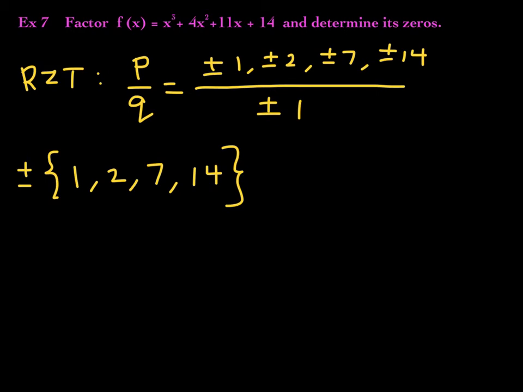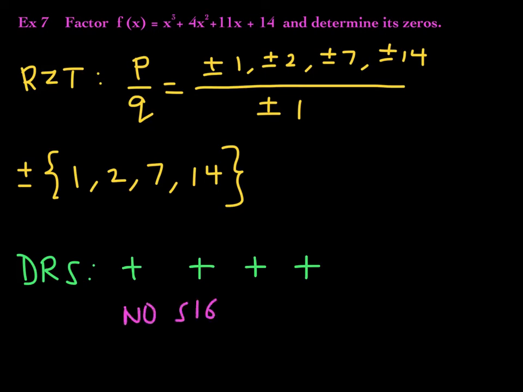Now I want you to recognize what Descartes' rule of signs says. Notice that all of the terms in this function are positive. So it's like this: positive, positive, positive, positive. There are no sign changes in this function.